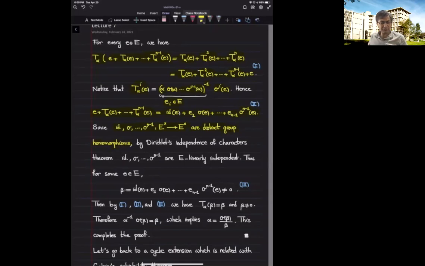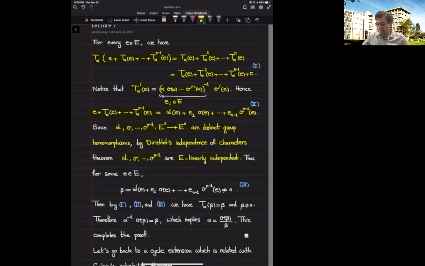So when I restrict them to the multiplicative group of E, I still get distinct maps. So these are distinct group homomorphisms to E cross. Therefore, by Dirichlet's independence of characters, these powers of sigma are E linearly independent.